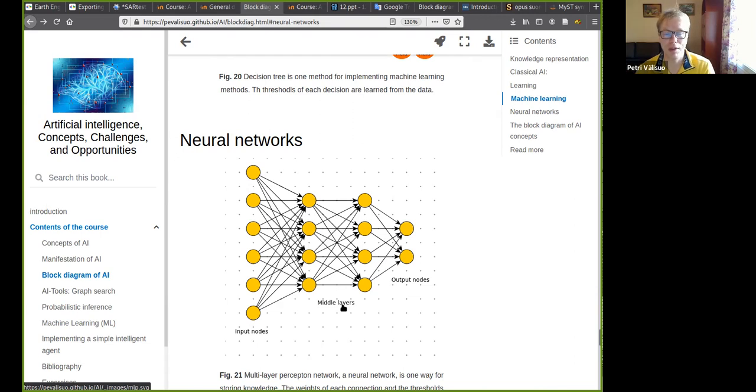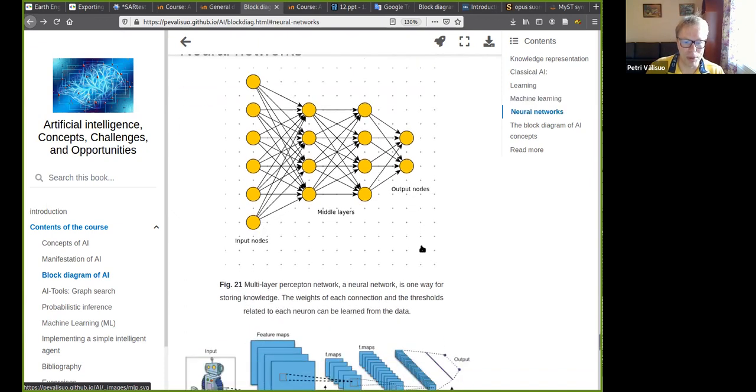But if you have plenty of data, this structure can learn very complex kinds of decision rules. And these neural networks are those that created this current boom of AI, because they can do so many complex decision-making processes.